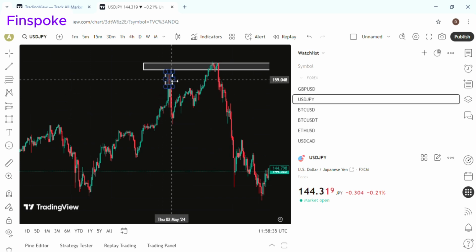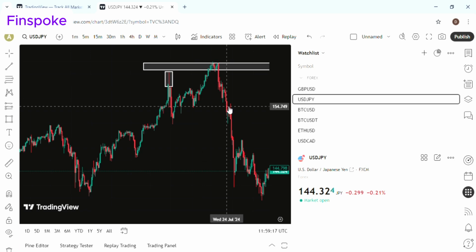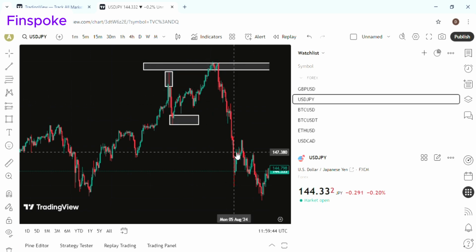So when you look at this, you discover that the moment this untapped supply zone was created, the momentum shifted. This is a long bearish candle. So the momentum shifted and the candlestick from the bullish side started shrinking. The buyer started losing momentum. This is a strong signal.